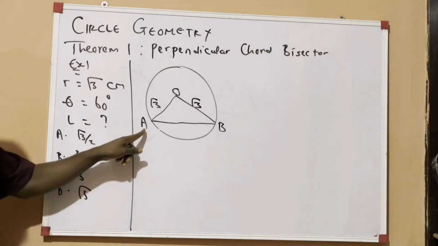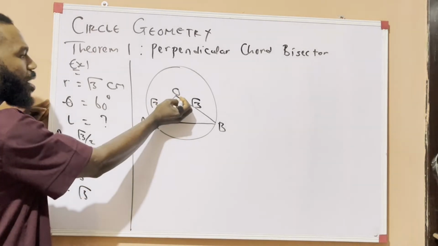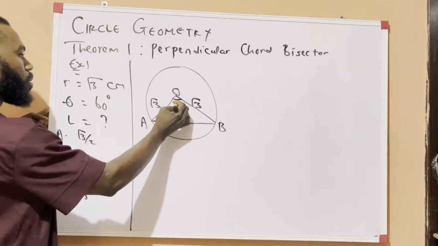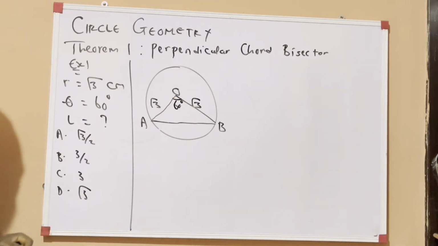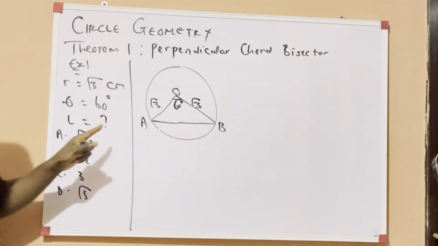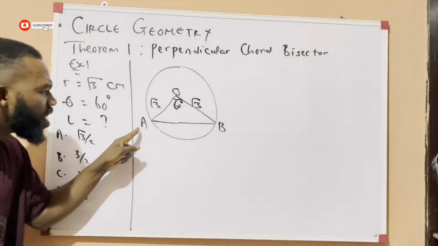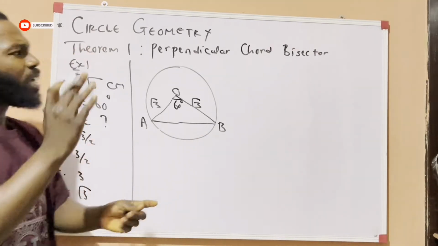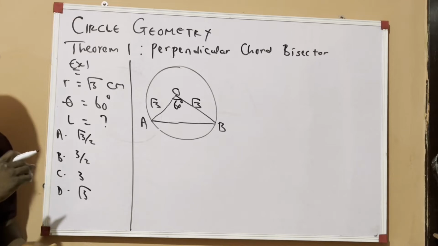Then we are told that the angle at the center was 60 degrees. Please don't forget that. Without wasting time, we are now told to find the length, which is line AB, the total length. Let us introduce our bisector.